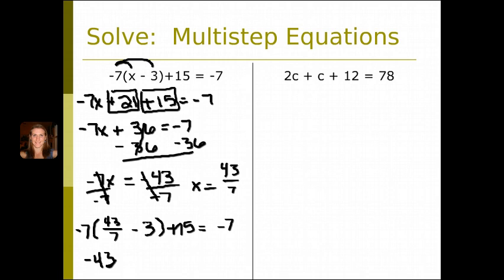Negative 7 times negative 3 gave us positive 21 plus 15 equals negative 7.